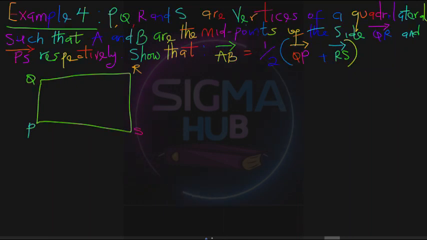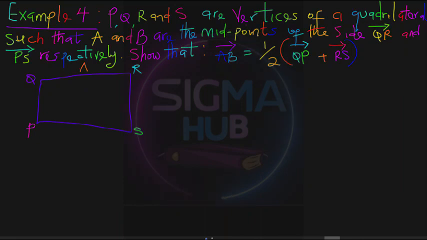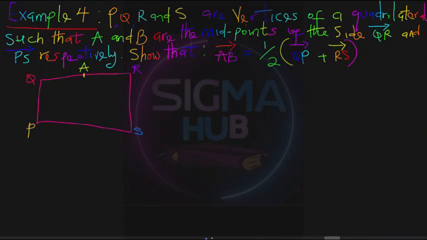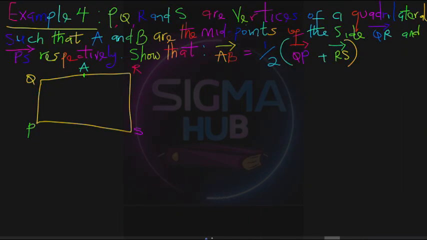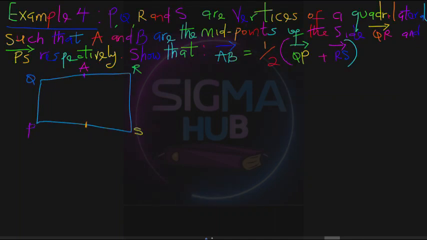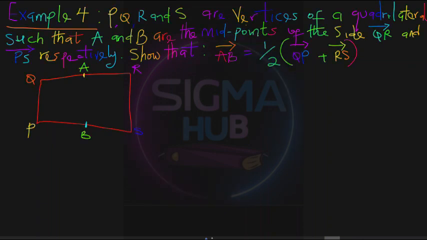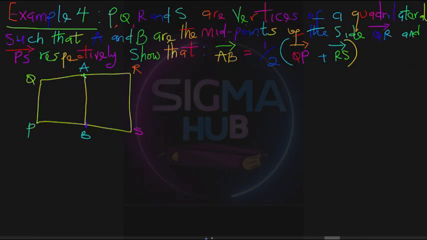Where's QR? Okay, this is QR here. So we have point A here, the midpoint. Don't forget. Then the side PS, this is the side PS here. Point B here. So let me join A and B together.